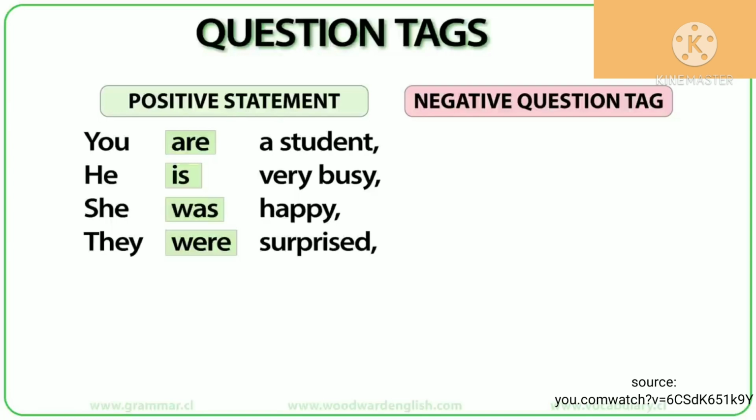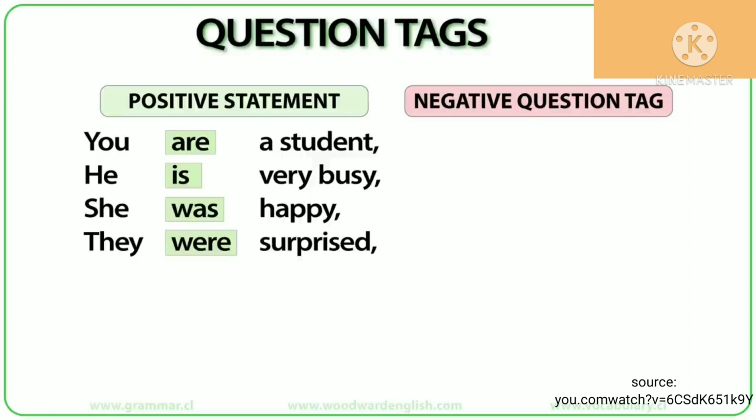Let's look at using question tags in different tenses. We will start with negative question tags. Remember, if we have a positive statement, the question tag is negative. We will start with the verb to be. Here are 4 positive statements.